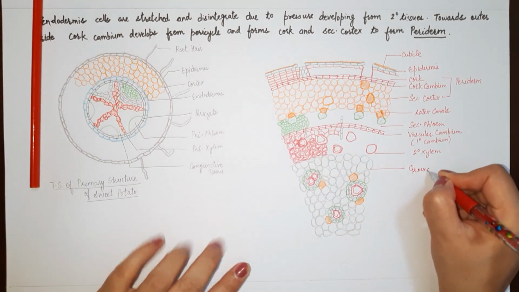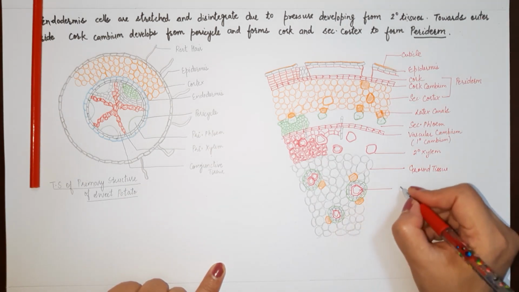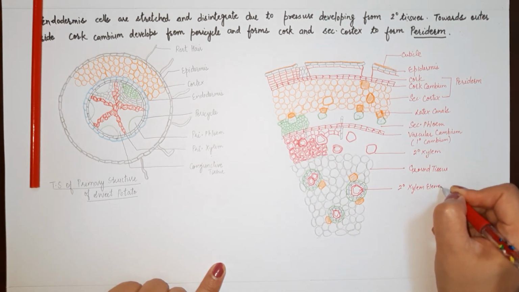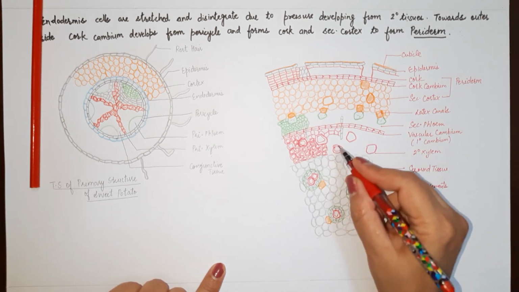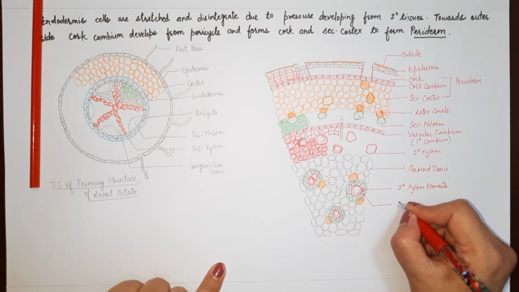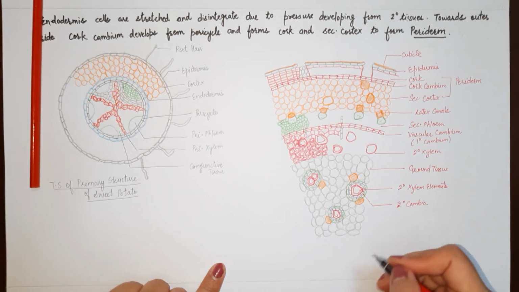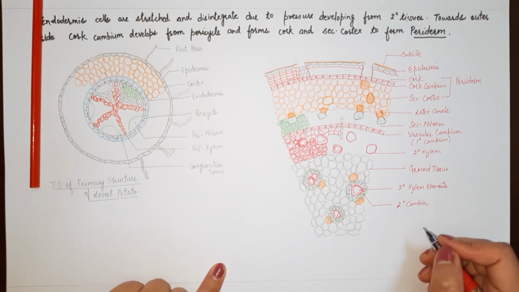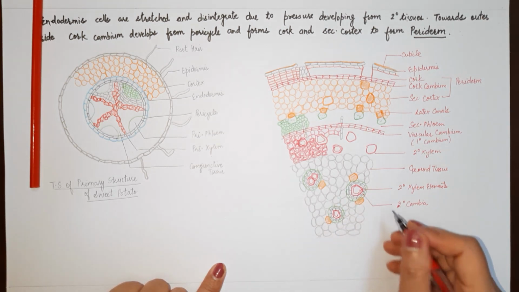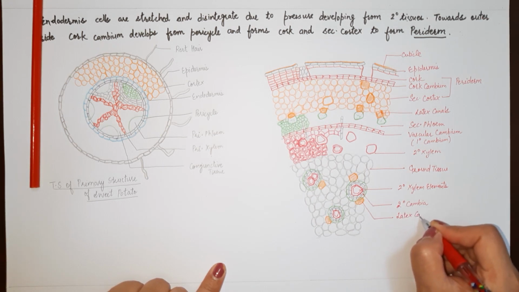Ground tissue, secondary xylem elements which get separated from this tissue, secondary cambia. These will cut xylem towards inner side also. Okay, we haven't shown, but small xylem elements, they are cut towards the vessel. Latex canals.